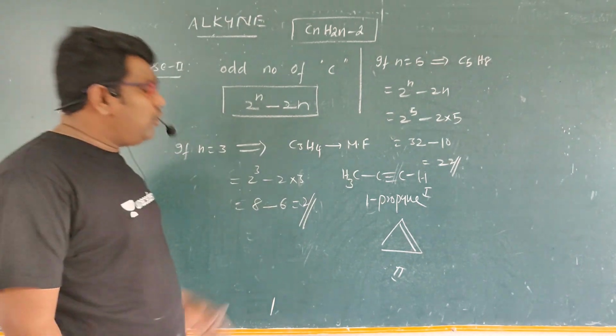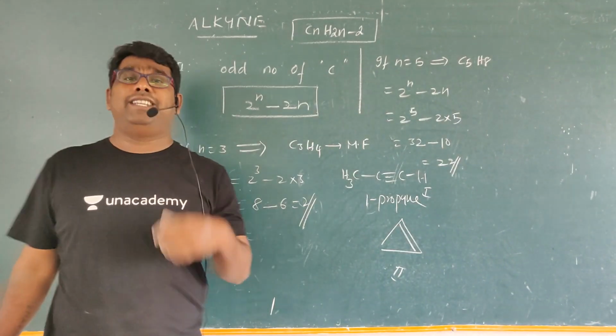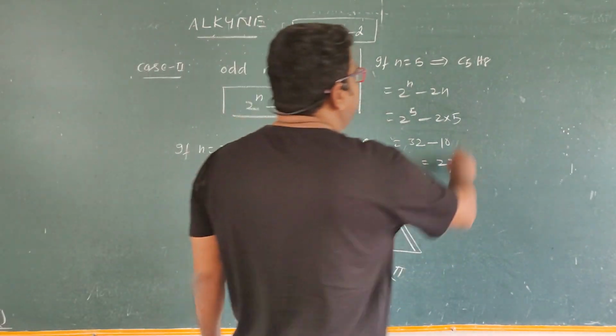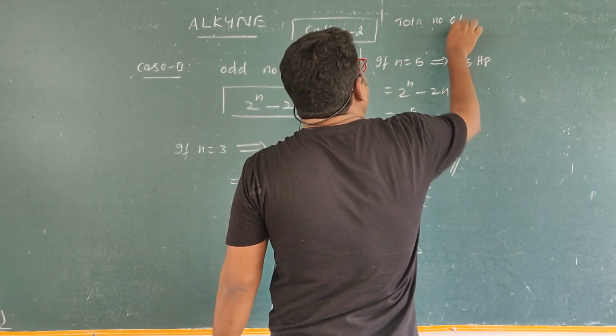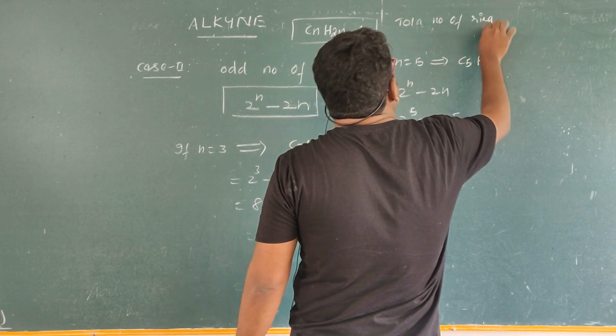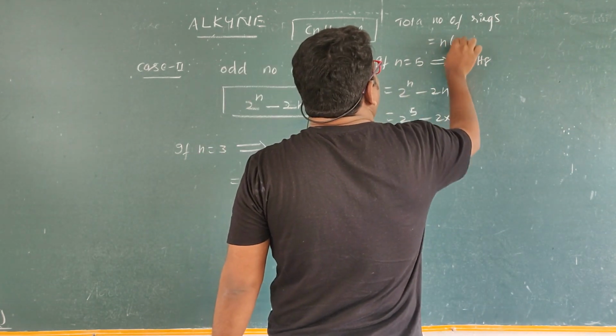Here also, how to calculate the total number of rings present in alkyne? So what is the formula? Total number of rings present in alkyne is n into n minus 2.